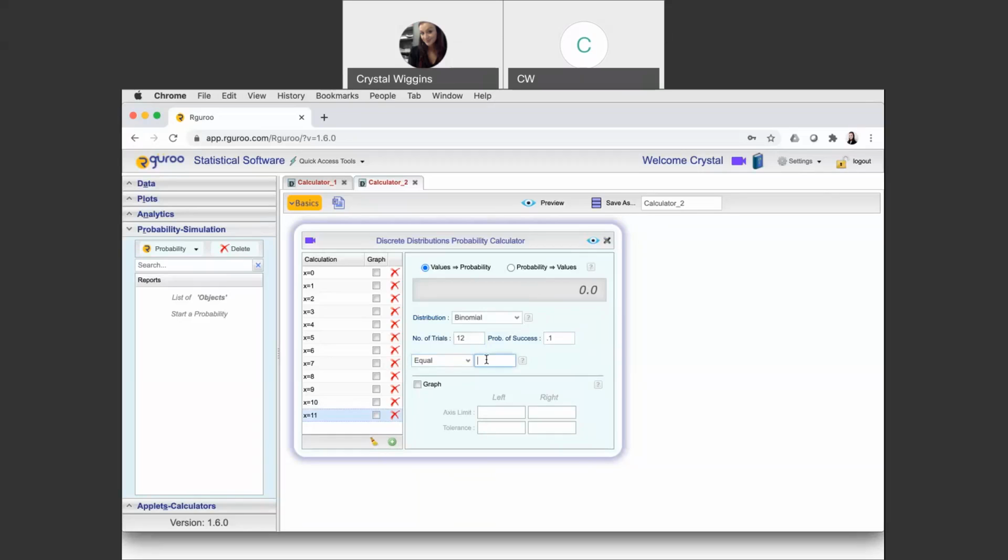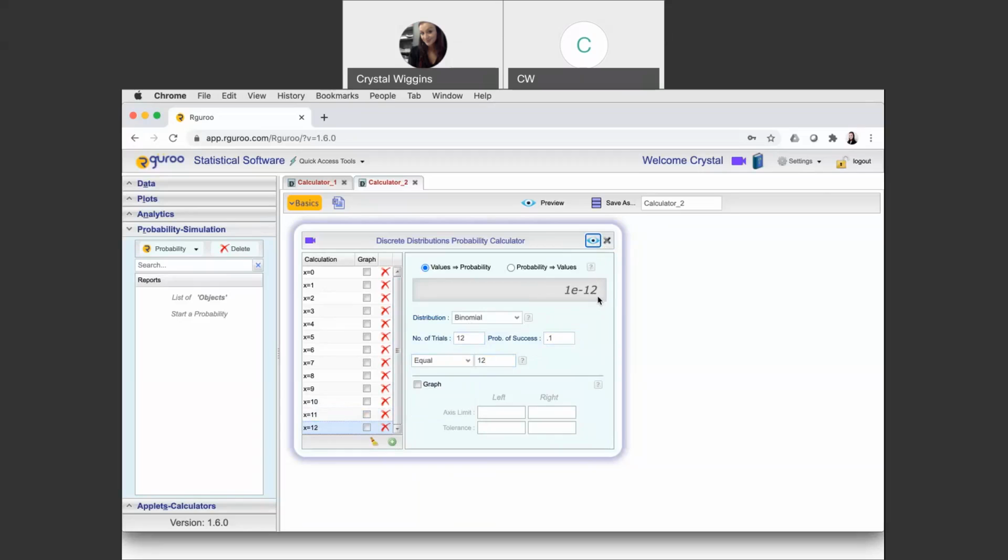Very unlikely. And last one, what is the probability that all 12 properties will produce oil? And again, very, very unlikely.